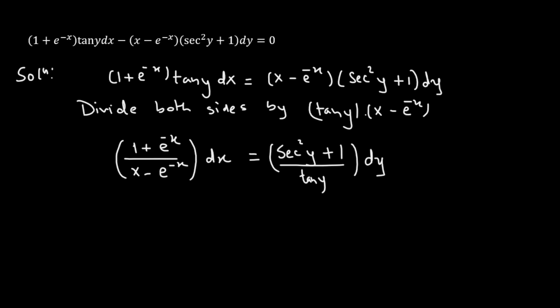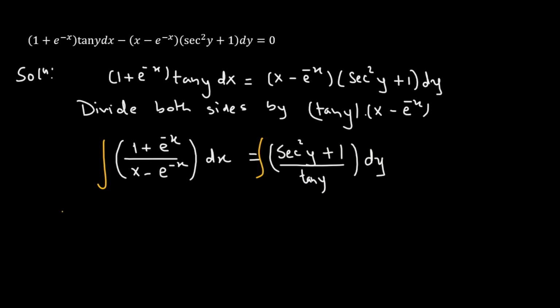Now here we see that the coefficient of dx is purely a function of x and the coefficient of dy is a function of y. Now we can integrate both sides. So let's begin with the integration on the left hand side.